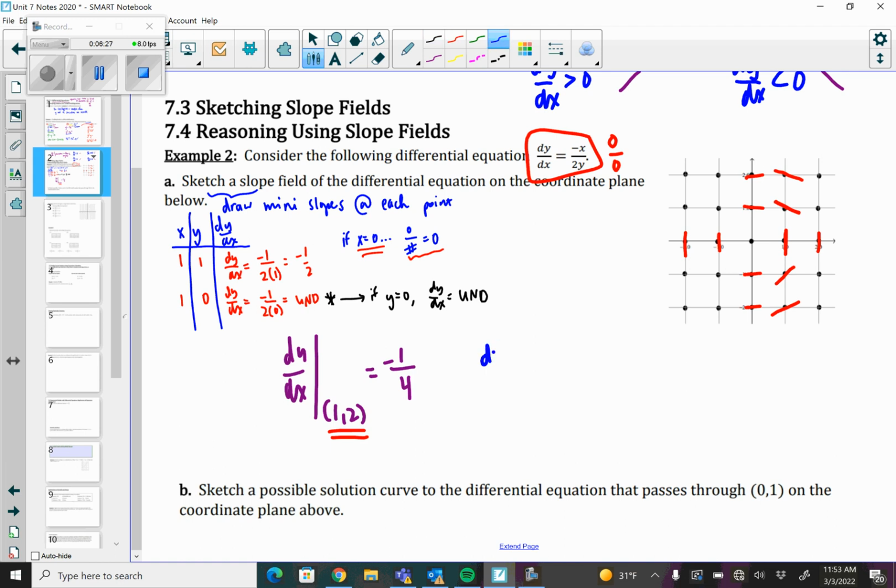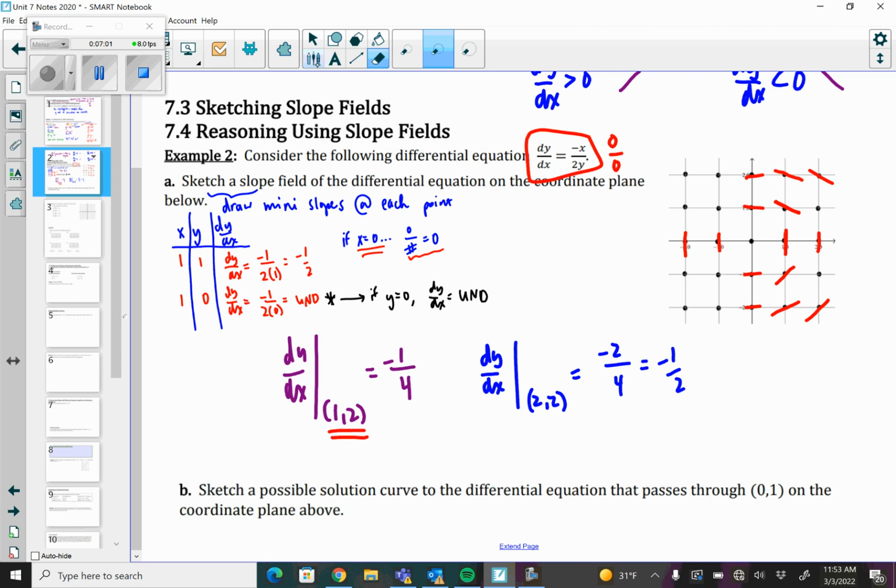So what about the slope at the point (2, 2) we'll go with? Negative 2 over 2 times 2, which is 4, negative 1/2. So this slope would be the same as (1, 1), which means I'm going to have a negative down here. And actually, we could probably be even smart enough and think through these points over here. So at (negative 1, negative 1), it's going to be the same as at (1, 1), because a negative divided by a negative is a positive.